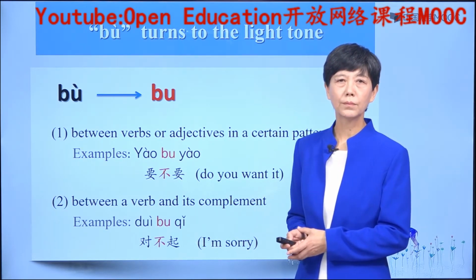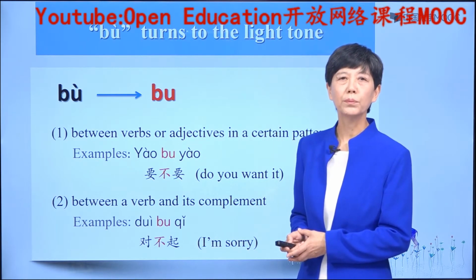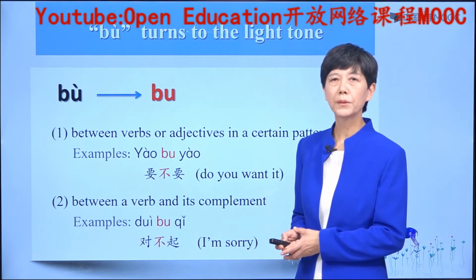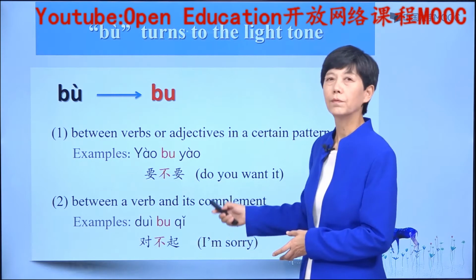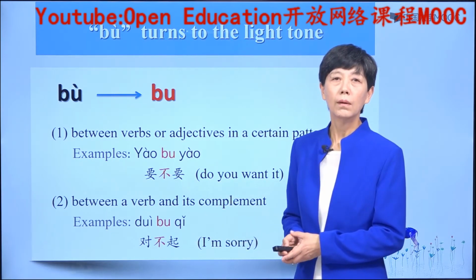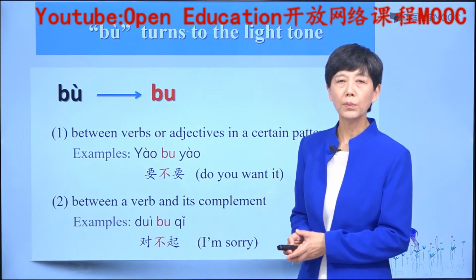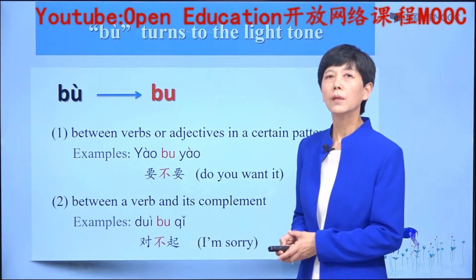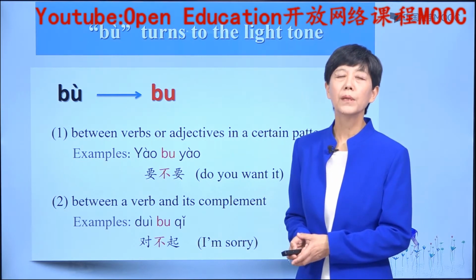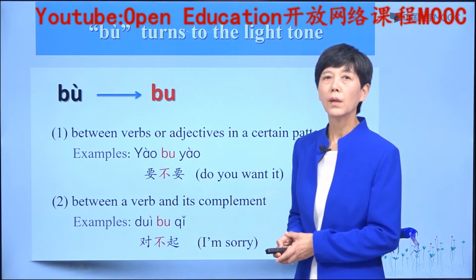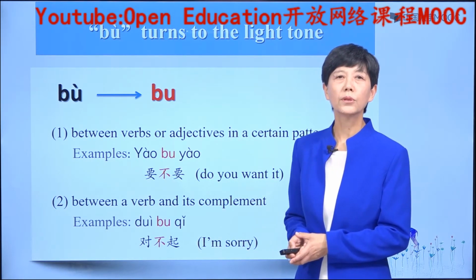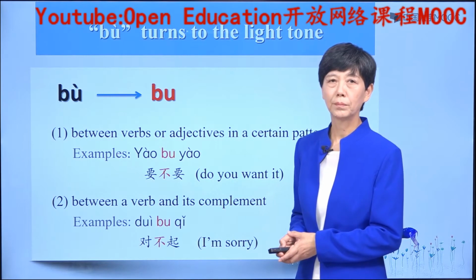Sometimes 不 will take light tone, especially in two kinds of expressions. The first, when the word 不 is between verbs or adjectives in a certain pattern, like 要不要. Here, 要 is a verb, means to want. In that case, 不 will turn to the light tone.